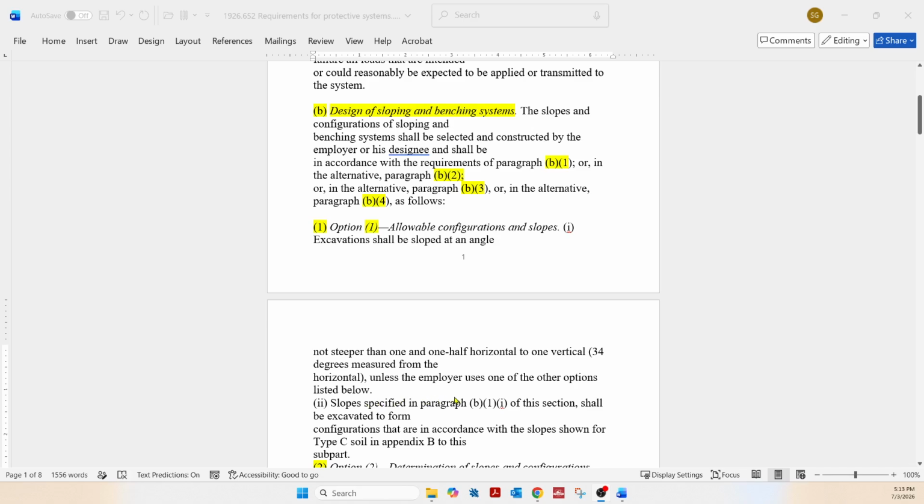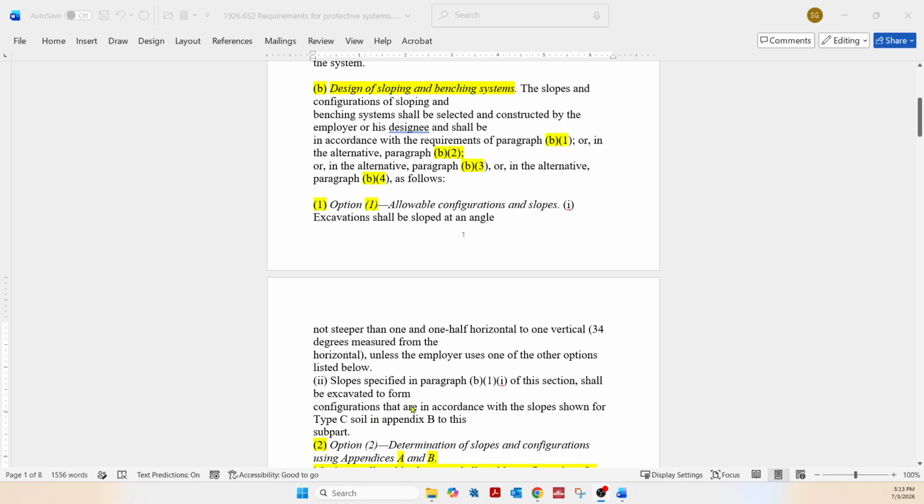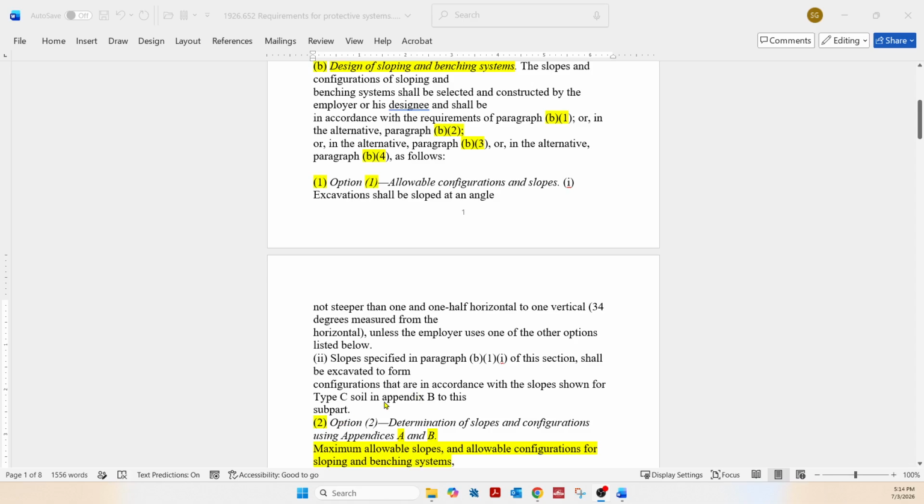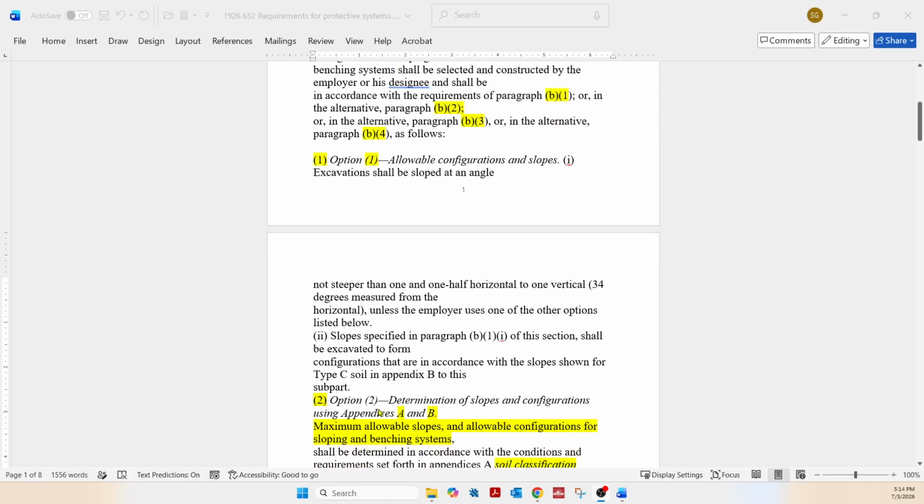We read that a few minutes ago. A slope specified in paragraph B1 of this section shall be excavated to form configurations that are in accordance with the slope shown for a type C soil, which is 1 1/2 to 1, and can be found in Appendix B to this subpart. Option 2, blah, blah, blah.